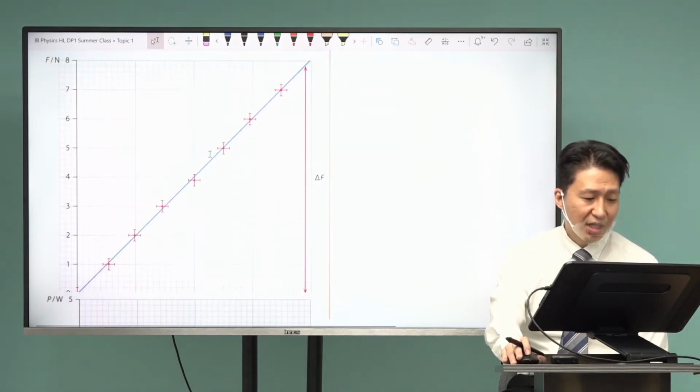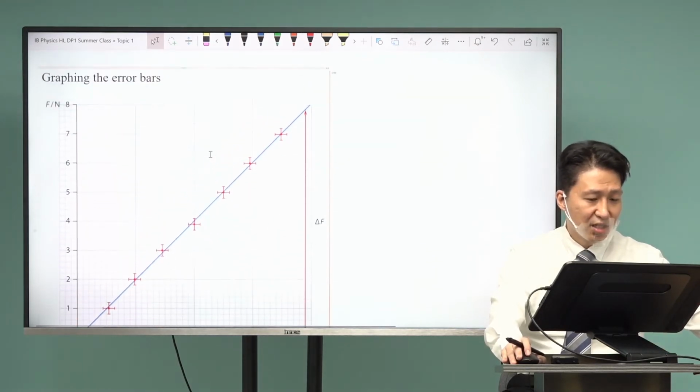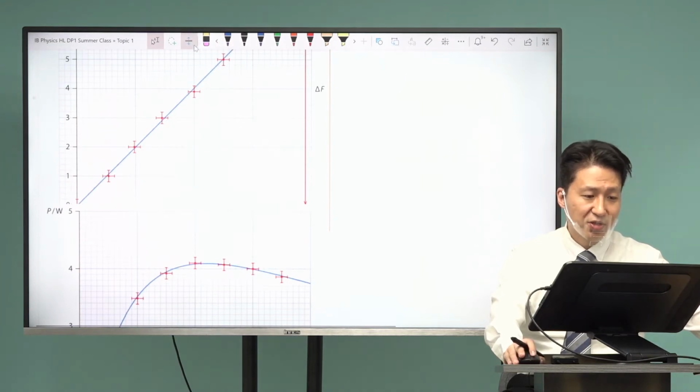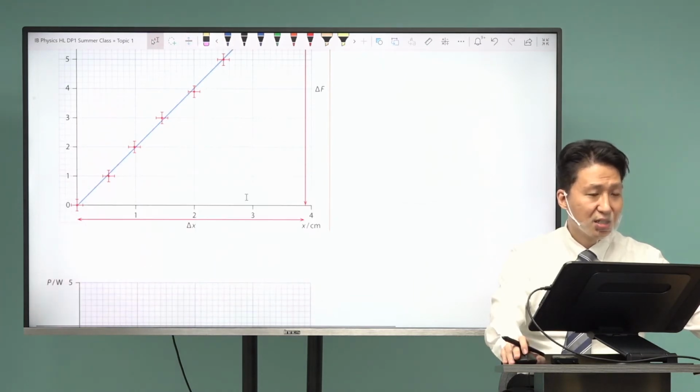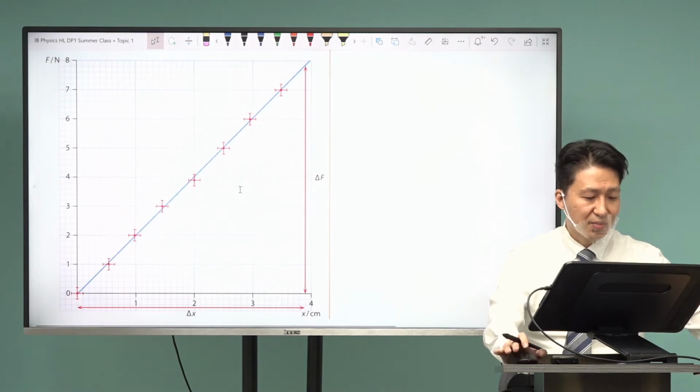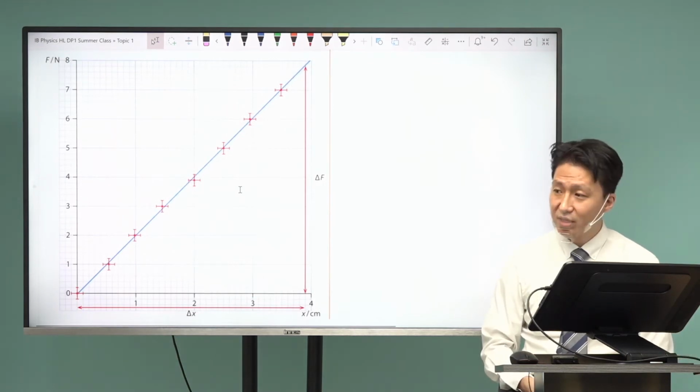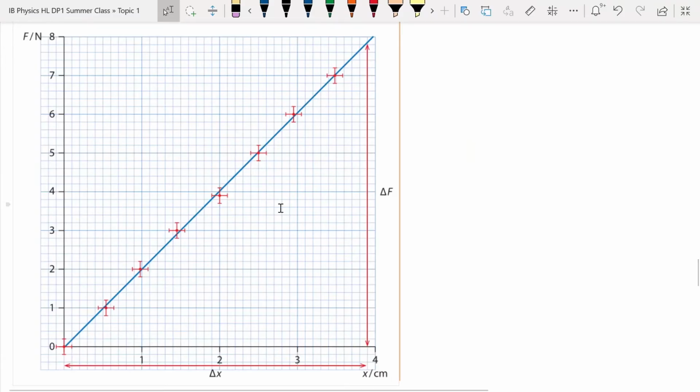Okay, now that we have that done, graphing is also an important part of the IB. You see this graph, you have values, right? You have centimeters here, you have force here, and you're graphing. And what you do is, every point has a certain amount of error.